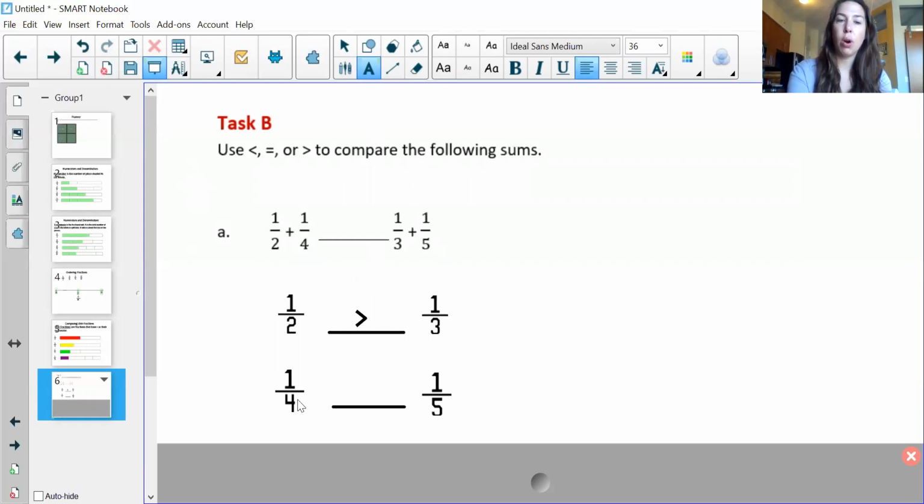So 1/4 right here is a larger fraction than 1/5. So if both the fractions in this sum are greater than the two fractions in this sum, then we know that this one has to be bigger.